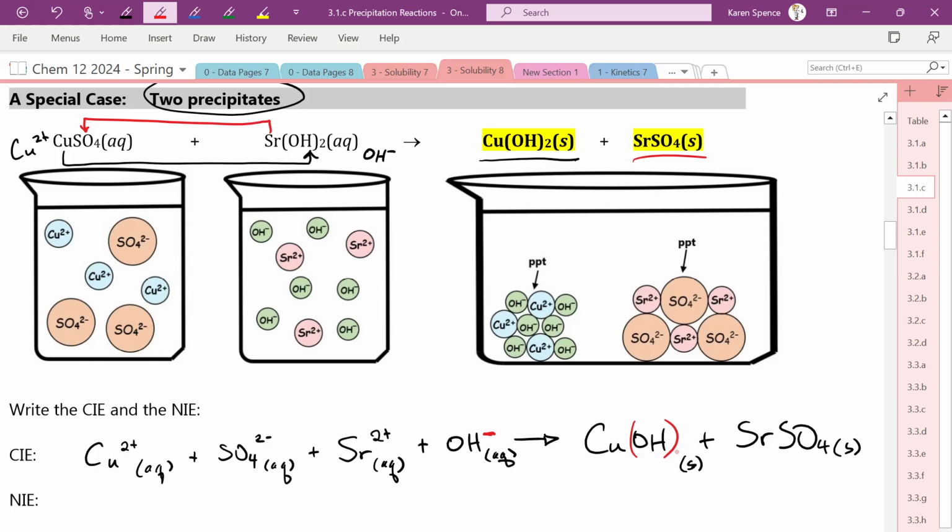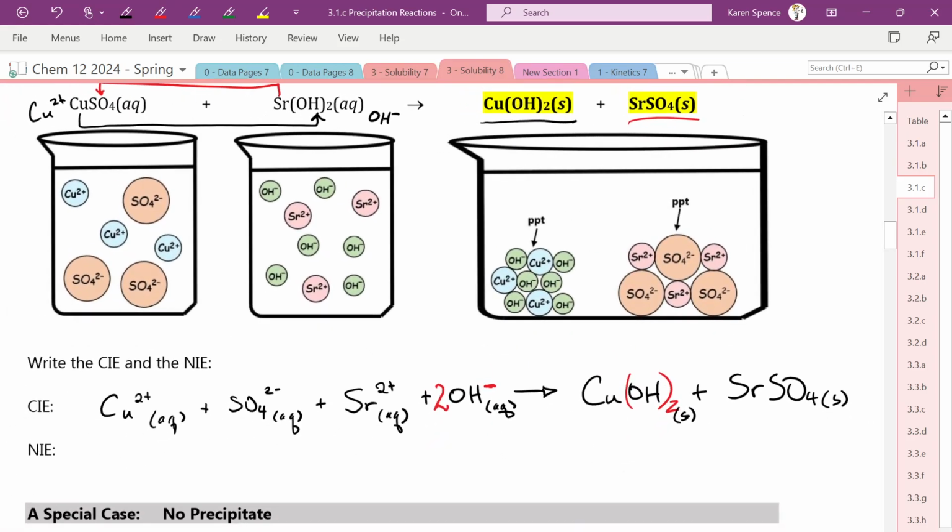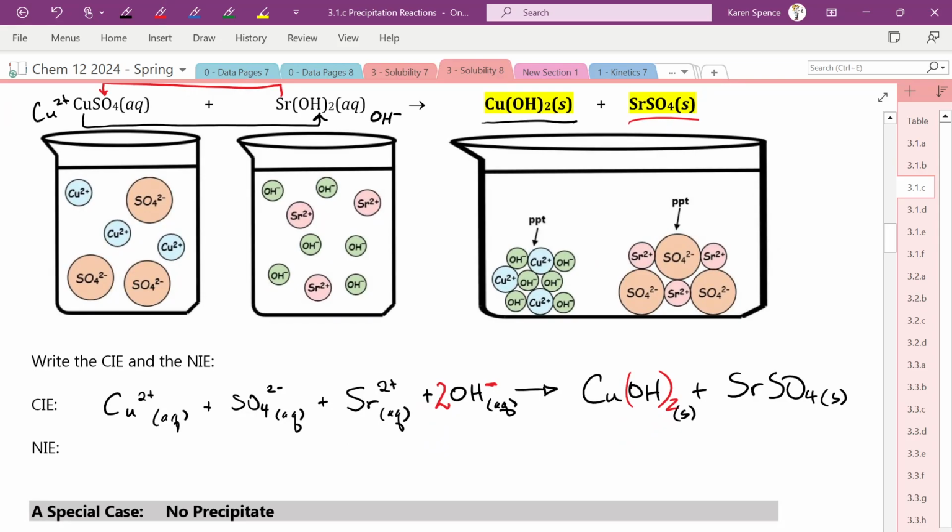And I need a 2 because copper 2 plus needs 2 OH negatives. Have I missed anything else? Don't I need a 2 coefficient in front of the OH? Indeed I do. I needed all of those things. Good job. Now my net ionic equation. What do I do? It should be the same because there are no spectator ions.